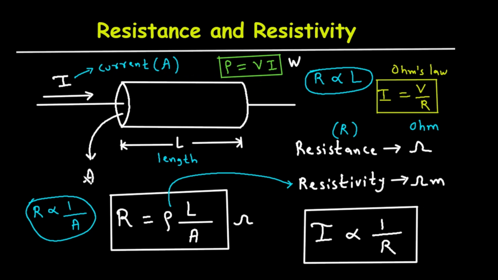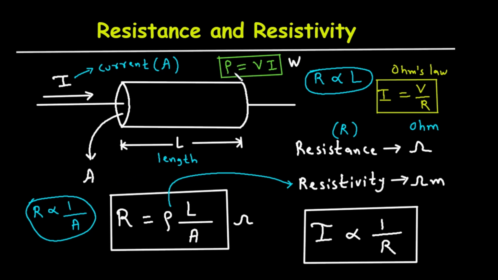This is the cross-sectional area A, and this is the length, which is represented by L. So for this material we can write its resistance like this: resistance R is equal to rho L by A, where rho represents resistivity and its unit is ohm meter. L represents length and A represents cross-sectional area.